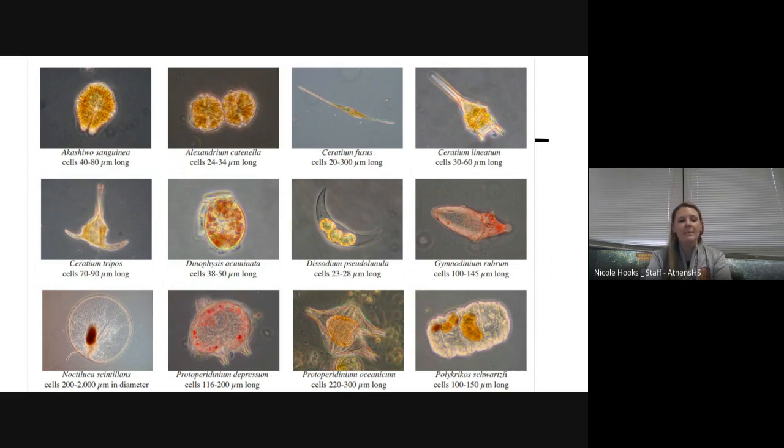So there are many different types of phytoplankton. These are different types of dinoflagellates. They're very cool looking. There are so many that we haven't even discovered or we're still discovering. When I was in school, my professor would always call them little green things, so it'd be LGTs.